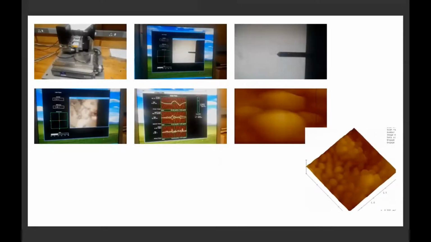So this is the workflow of how the atomic force microscope works. What we have on your topmost left is the instrument, and then you can see the cantilever there and how we're able to move this. The AFM also has an optical microscope that will help you to look at the cells that you want to image.